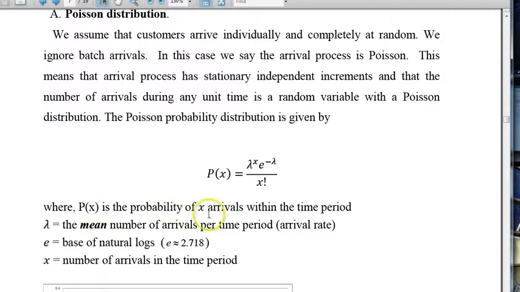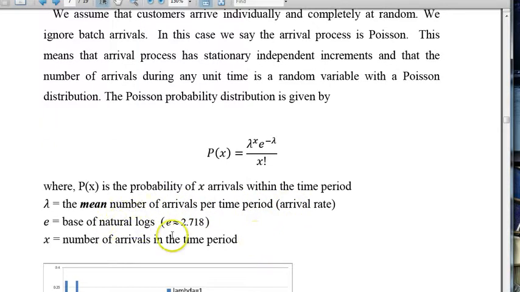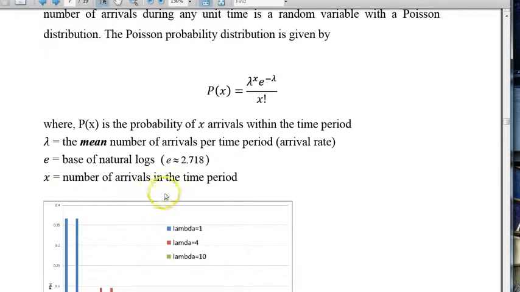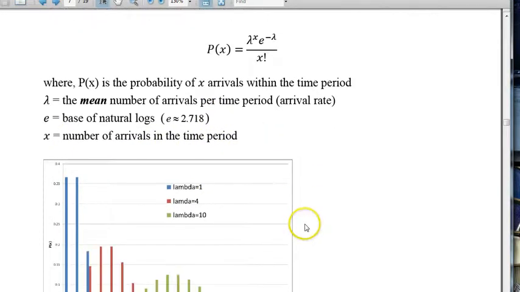Where P of x is the probability that x arrivals occur within the time period. Lambda is the mean number of arrivals per unit time, so it's an arrival rate. E is the base of the natural logs, and x is the number of arrivals in that one time period.